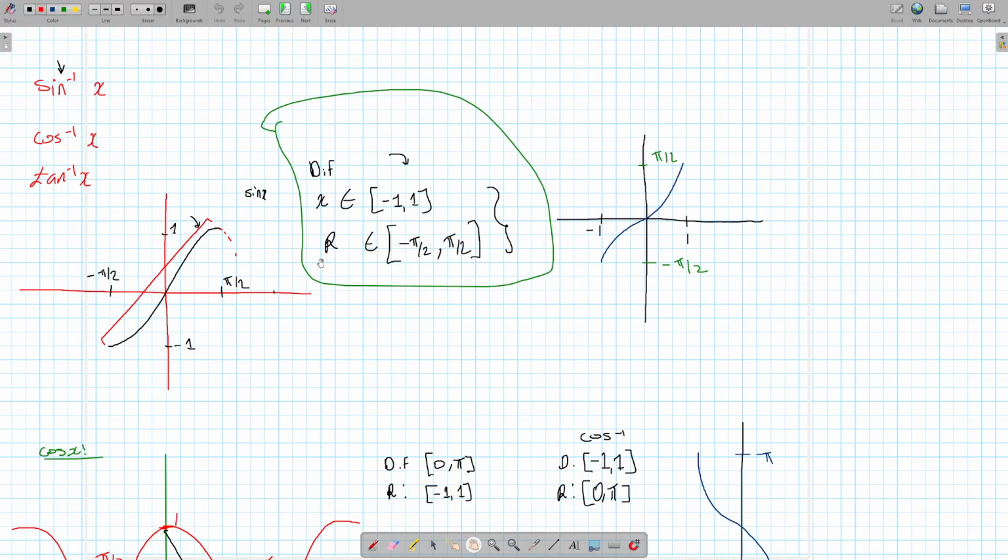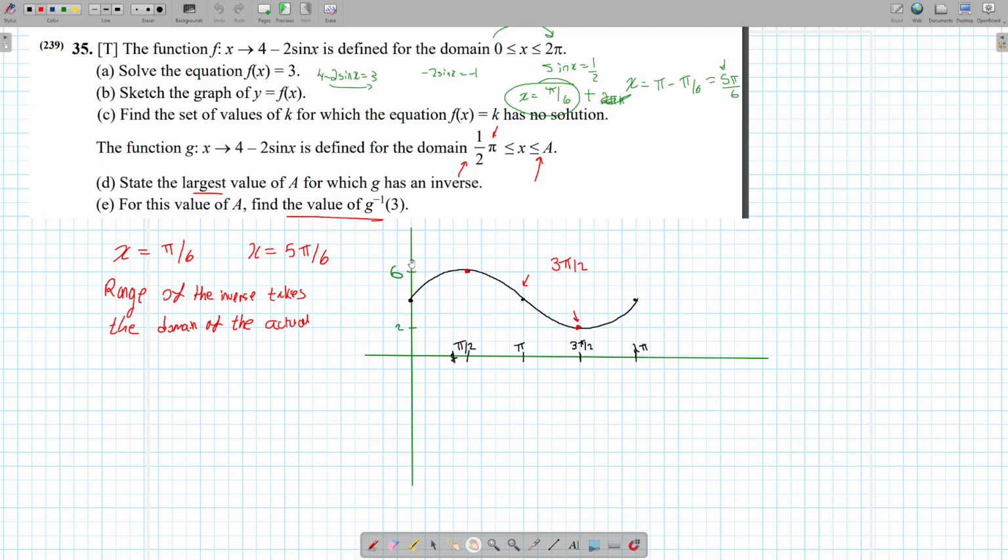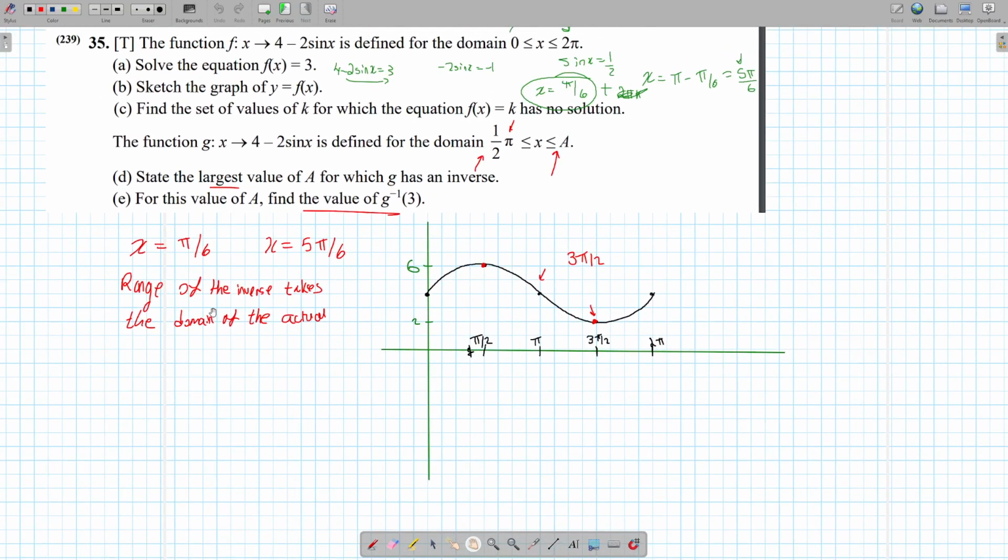For here, since they're considering a different interval, what's your range going to be? What place are we considering? We're considering this. But I want to find the range of the inverse of it. Do I know the domain? Of course I do. The domain is from pi over 2 till 3 pi over 2.